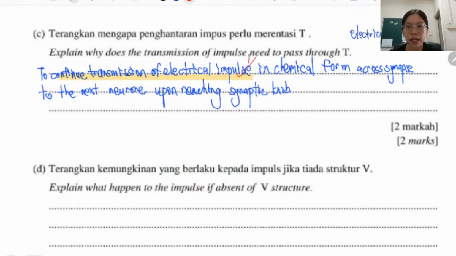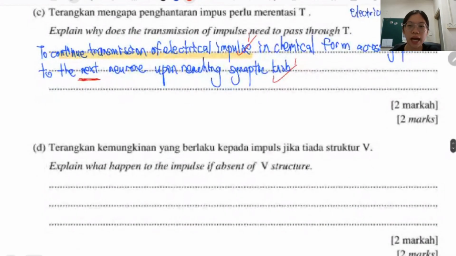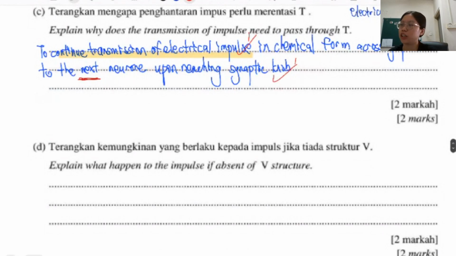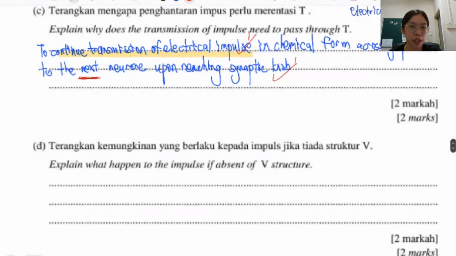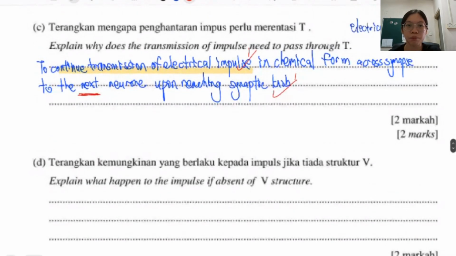And then to the next neuron, because you want to transmit it to the next neuron, they will also give you 1 mark. I know it's quite a tough question, something that won't really be mentioned in the textbook, so you really have to write it based on your understanding.